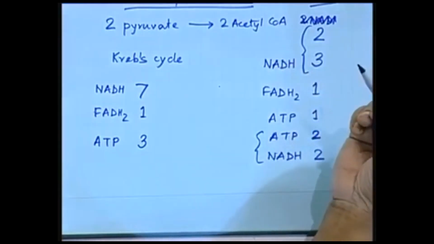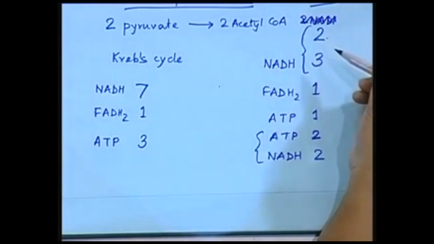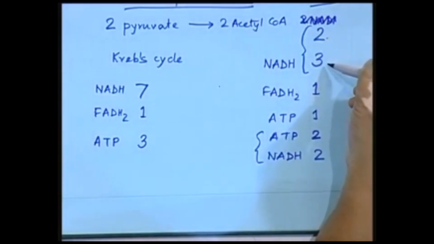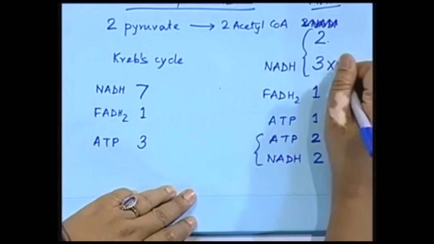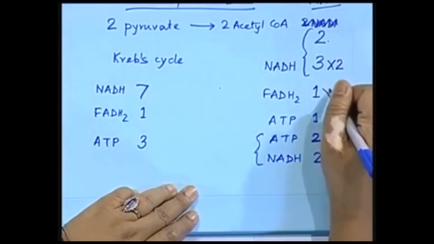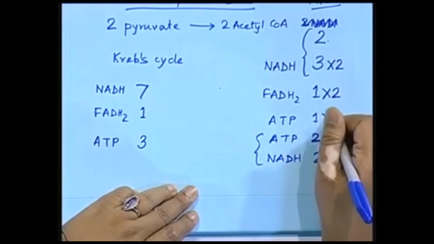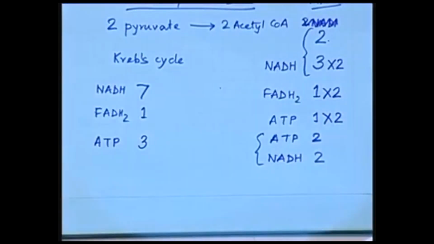Pyruvate to acetyl CoA we have 2, Krebs cycle we have 3, but we are missing something here. This has to be multiplied by 2, and this has to be multiplied by 2, and this has to be multiplied by 2. Why? They are 2 each, right. So how many do we have?